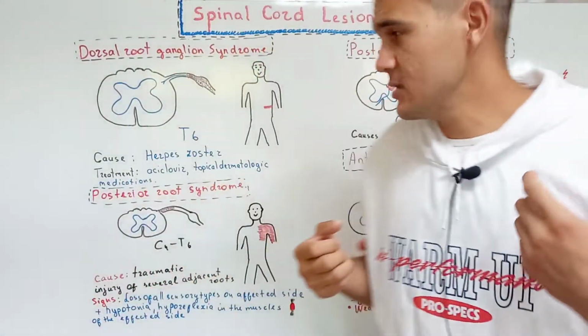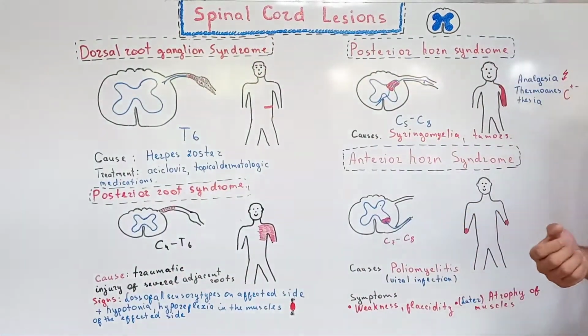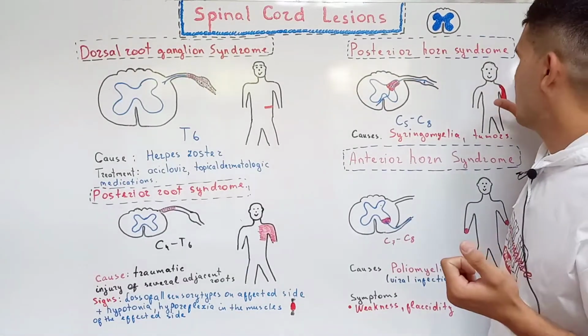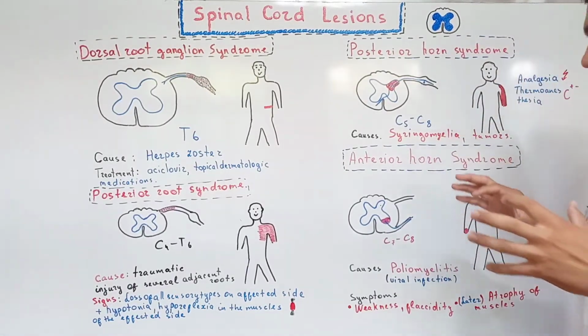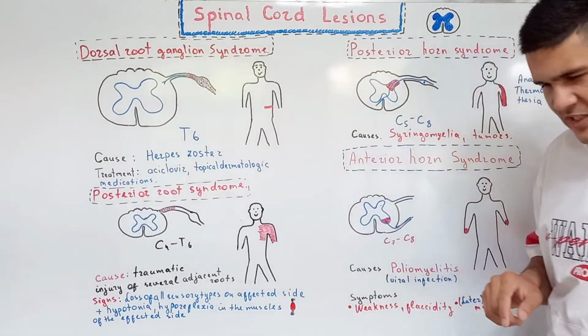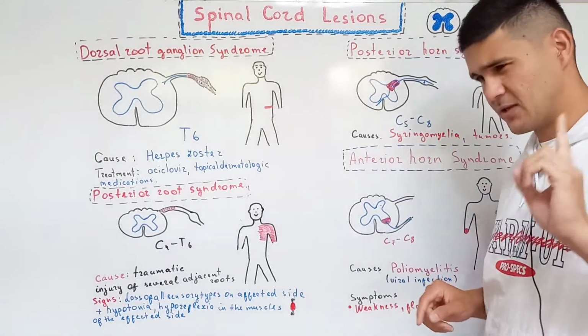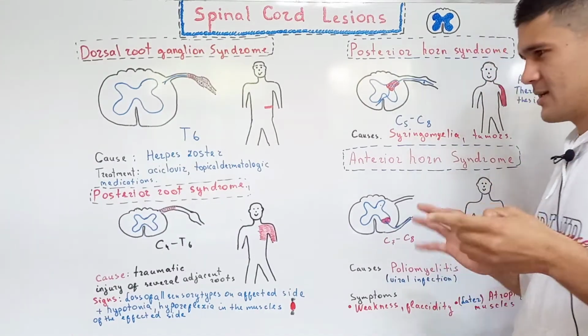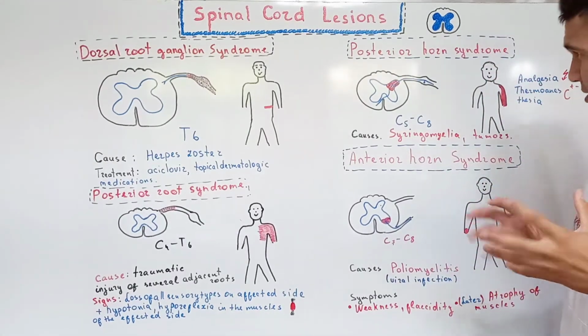The next syndrome is posterior horn syndrome, and in posterior horn syndrome, the damage is located on the posterior horn, and the clinical picture can be quite interesting.